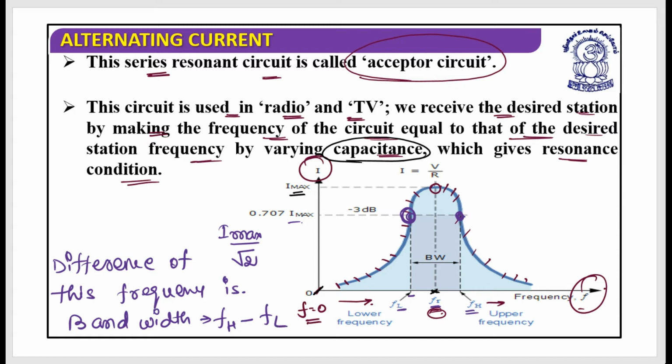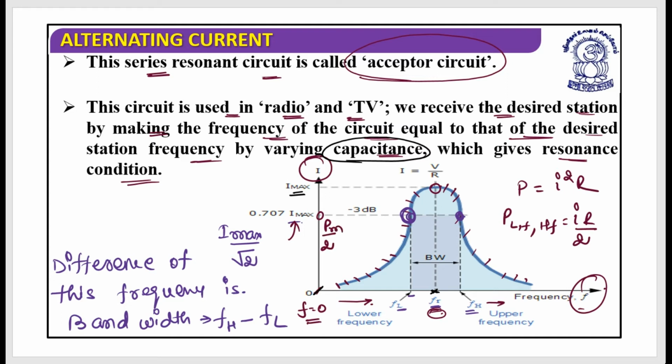If you talk about the powers at these frequencies, the current is Imax by root 2. When I say power, it would be I square R. So P at the lower frequency or at the higher frequency equals I square R by 2. So at this point the power would be half.